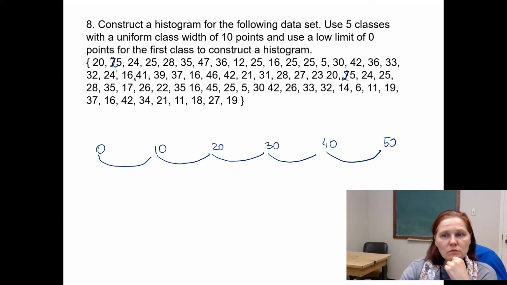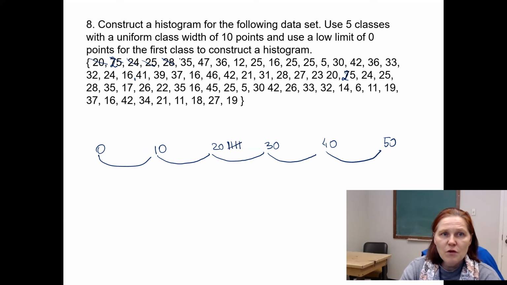So we just go from number to number. We have 20, and 20 goes to the third class, then we cross it out. Then 25 to the same class, 24, 25, 28.